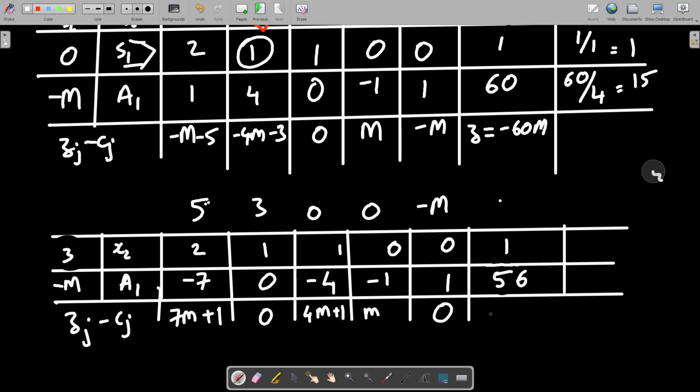So minus 56m, so z is equal to 3 minus 56m. Okay, so this is what we get here finally.